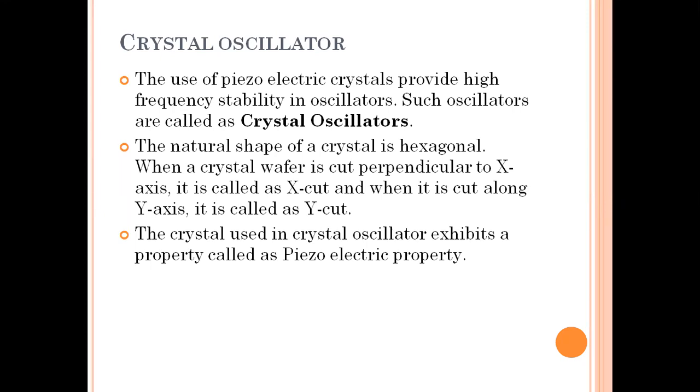Normally its shape is hexagonal, but we cut the crystal by two methods: one is X-cut, another one is Y-cut. What is X-cut? What is Y-cut? When the crystal wafer is cut perpendicular to the x-axis, it is called X-cut. When the crystal is cut along the y-axis, it is called Y-cut.